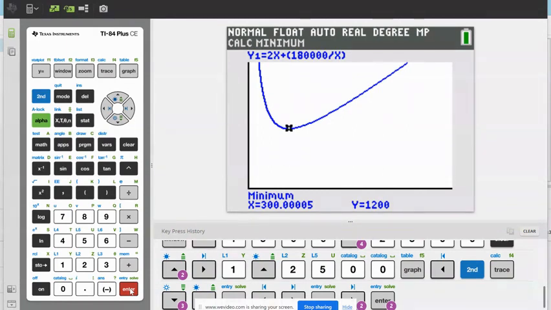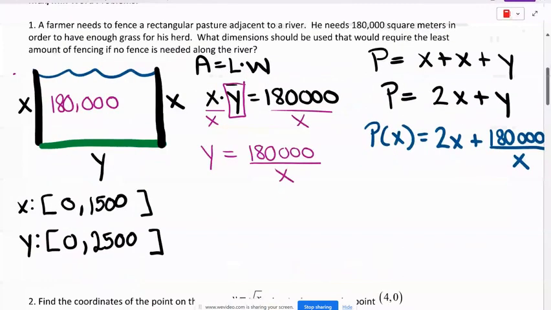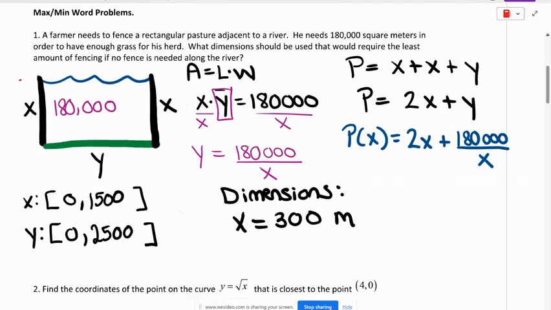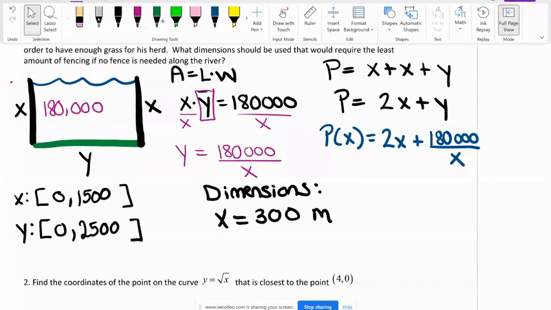Wait, so we need the y? No, we need to find the other dimension. Can you ask for that on the test? I can. So we know, for the dimensions, x is equal to 300 meters. But now for the y, how are we going to find the y? Look here in your equations.